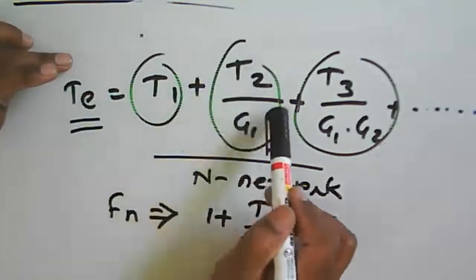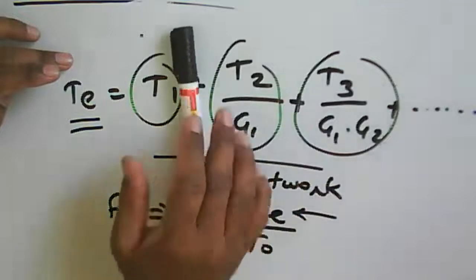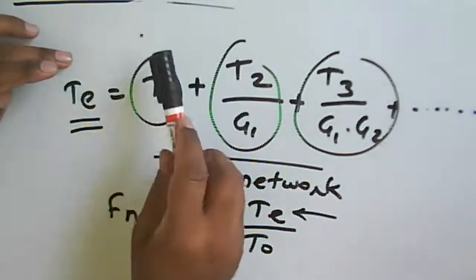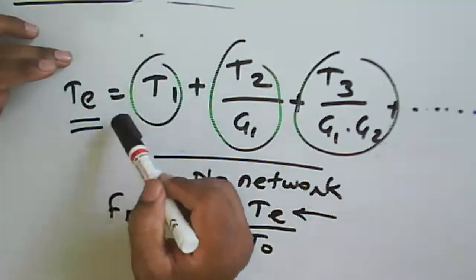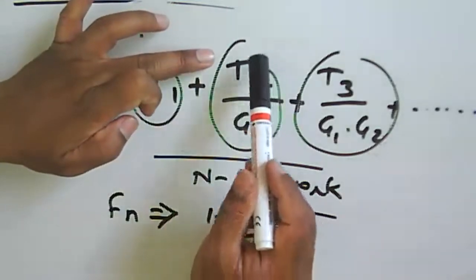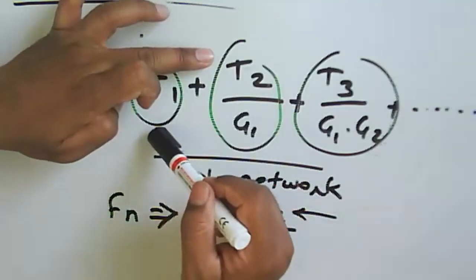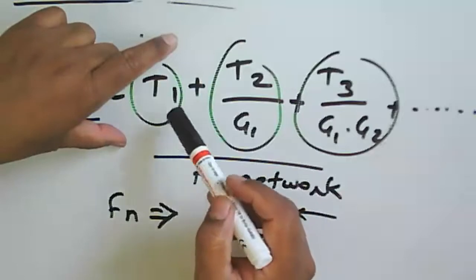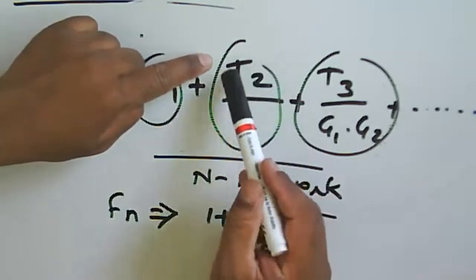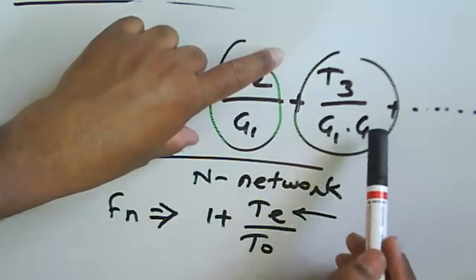We can reduce the effect of T2 by increasing G1, and likewise T3 by increasing G2. Whichever is the first component in a receiver, its noise temperature T1 counts directly. The second component has noise temperature T2, but the effect of T2 can be minimized by increasing the gain of the first device, so the effective value of T2 decreases. Similarly, if the gain of network 2 is increased, the G1 and G2 product will be increased, so T3 will be reduced.